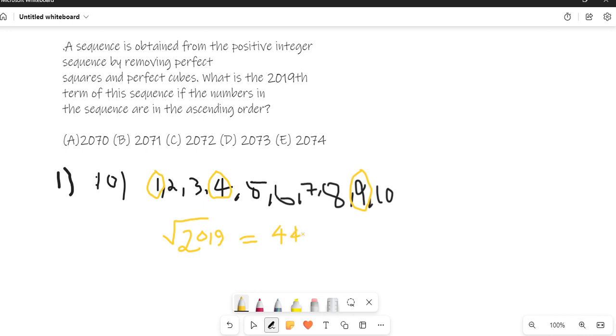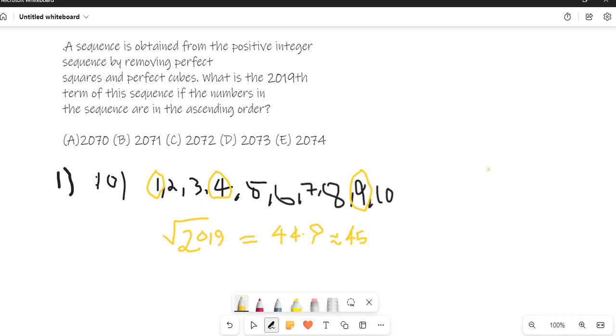So 44.9 is approximately equal to 45. So we could say there would be 45 perfect squares before 2019.